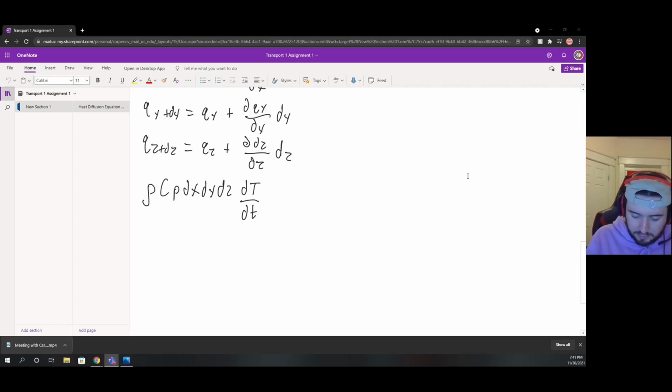And that was equal to the energy generation, which was that, plus, we're going to keep the energy in values as this for now. So we'll be able to simplify some things.